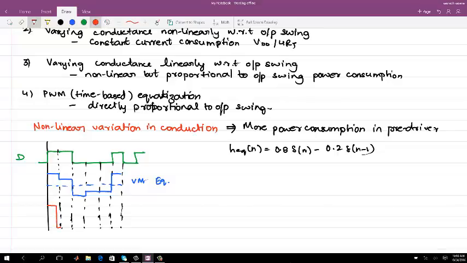So this is the one bit. For a negative bit, it will be this. The bit is positive, so then again you go here, then again negative. For a negative bit, you are negative and positive.